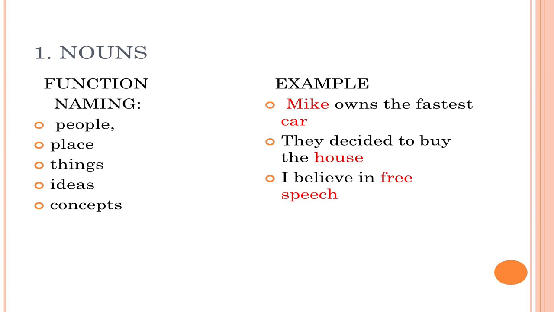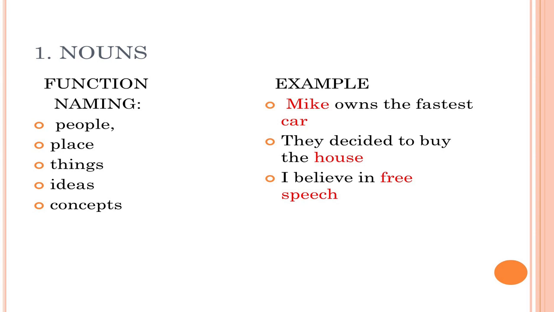So the noun is a very important part of speech of the English language. What then is a noun? I am sure you all know this. You have learned this before. A noun is any word that suggests the name of something. In other words, it is a naming word.